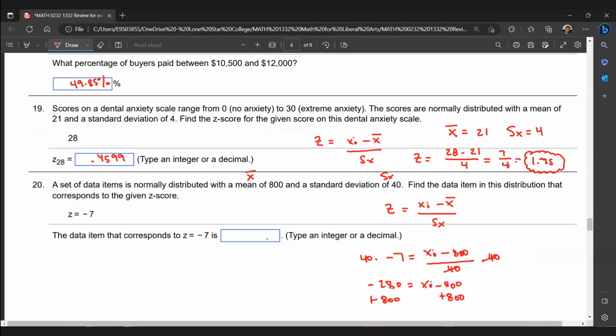And in this case, we get that the data score must have been -180.